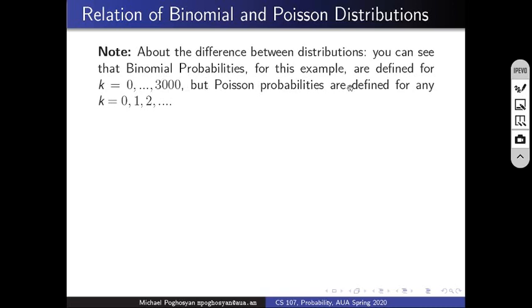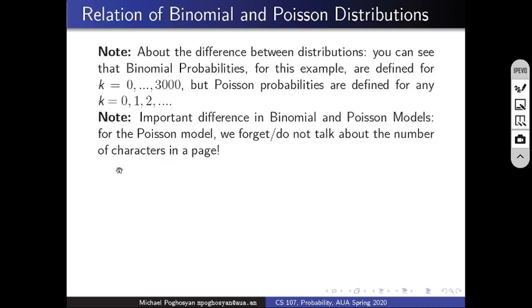But for Poisson probabilities, they are defined for any k. And an important difference we can see in this example in the binomial and Poisson approaches of models. For the Poisson model, we forget and do not talk about the number of characters in a page. We just need the average number of misprints.